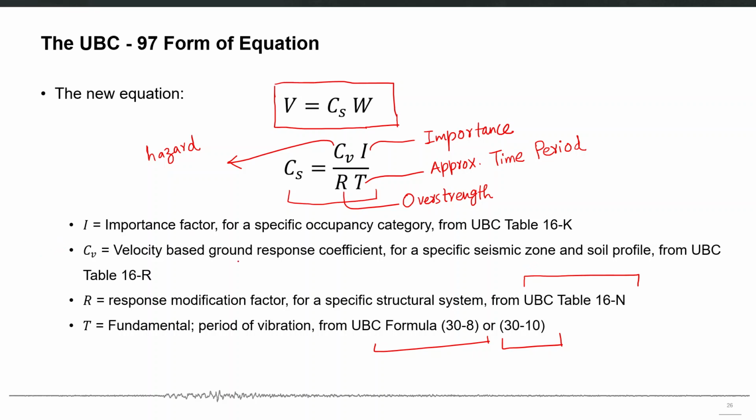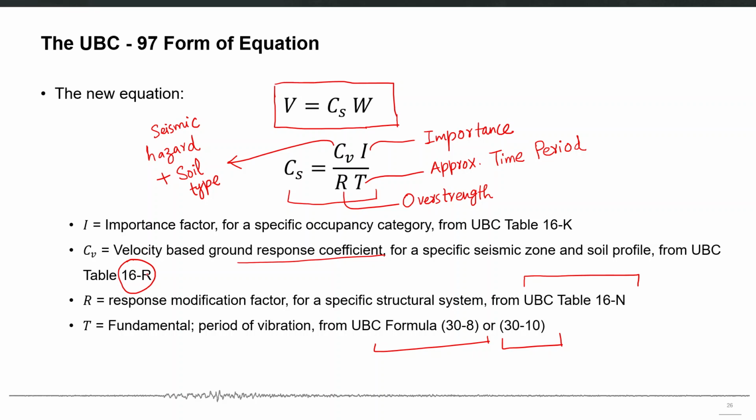CV is the velocity based ground response coefficient, and it is not only a function of seismic hazard, it also incorporates the effect of soil type. So when you go to this table 16R, you need to have your soil type as well as your hazard parameter to come up with this CV, and that hazard parameter will still be represented by a specific seismic zone.